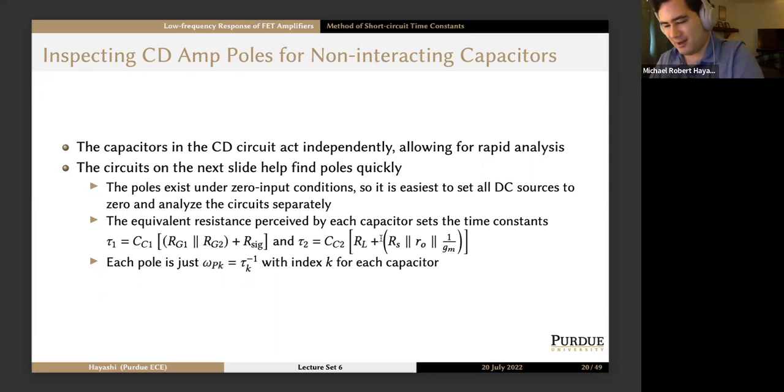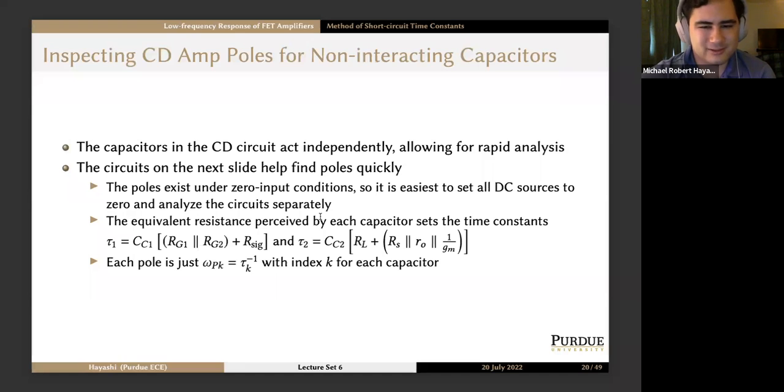We should just say set all sources to zero. That's DC and AC. So we can even set all sources to zero, not just the DC ones.